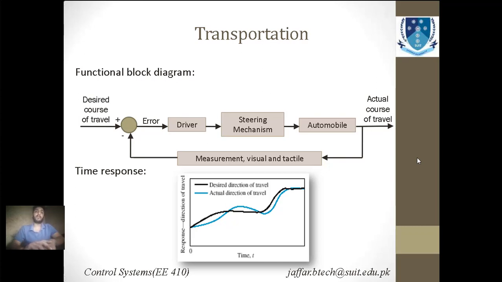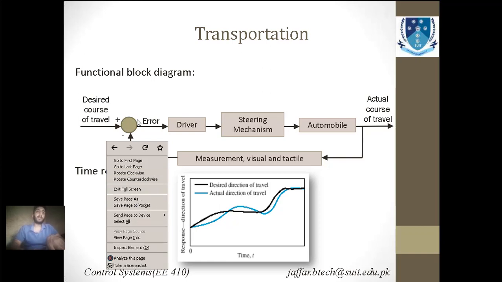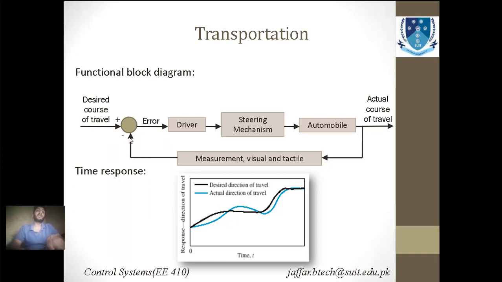If the actual course of travel is not the desired course of travel, this part here is used to generate some error, and this error is fed into the driver's mind, and the driver will control the steering and brakes and other components. You could control any of these mechanisms to control that automobile so that it could follow the desired course of travel.